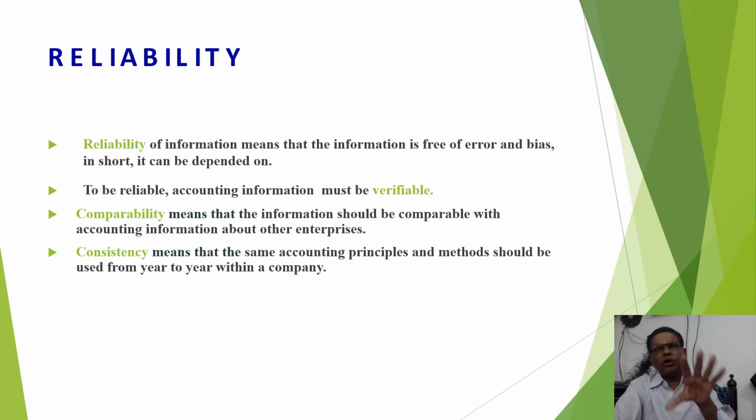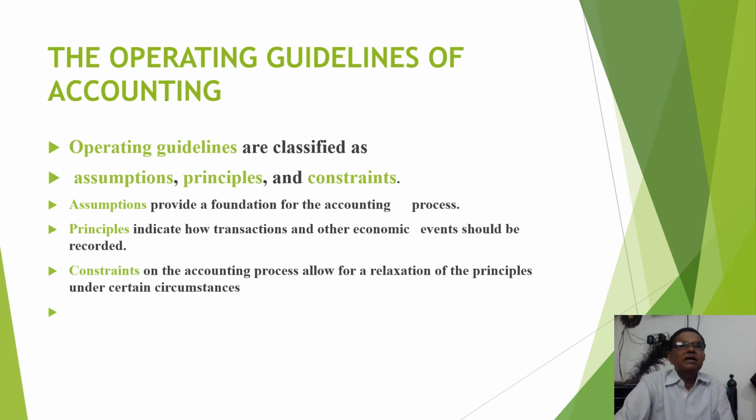So when we have adopted one method at a particular time or year, that should be continued in the coming years as well. Now we are proceeding to the operating guidelines of accounting.